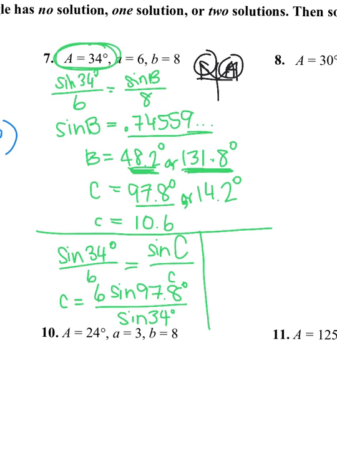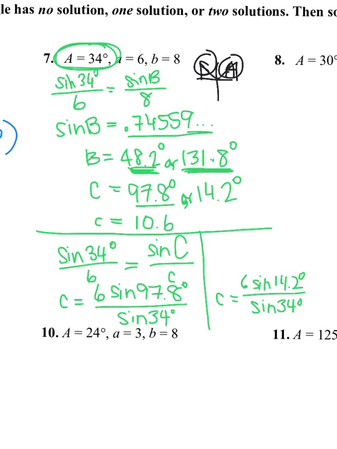And if I do it the other way, or with the 14.2 degrees, I have C is equal to 6 times sine of 14.2 degrees over sine of 34 degrees.